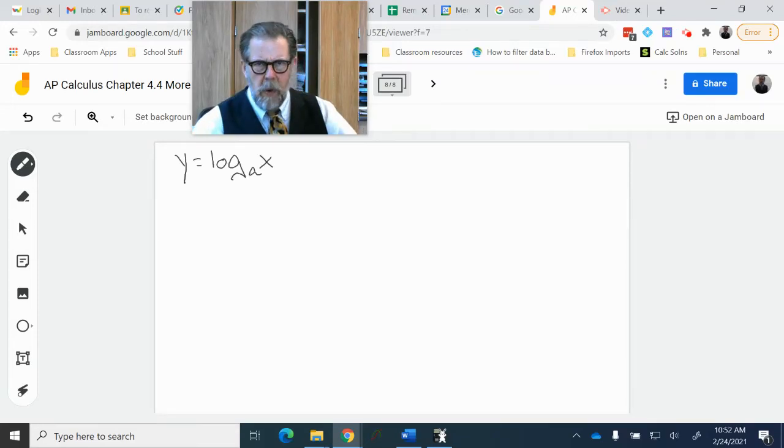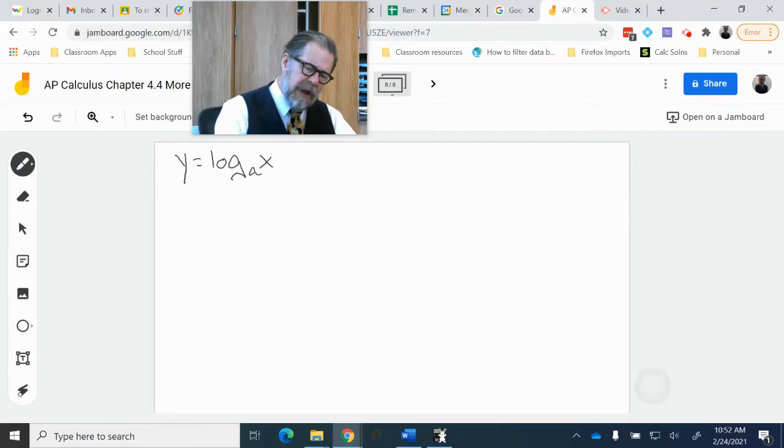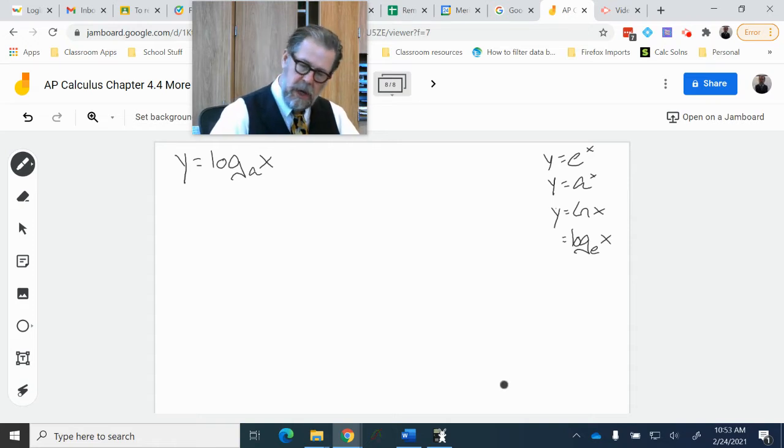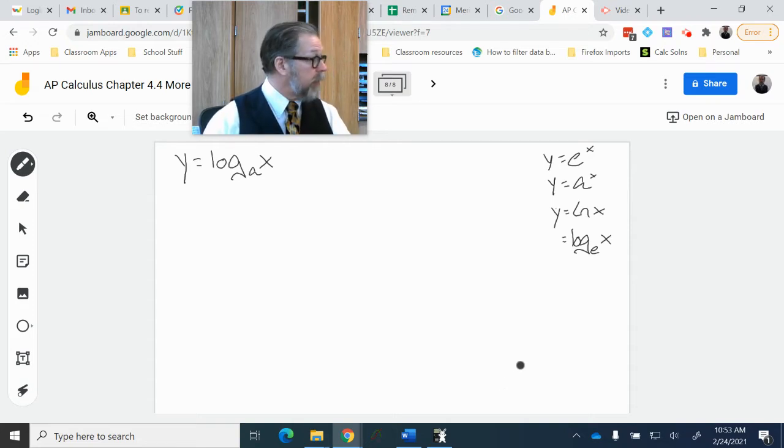Okay, so when we started out, we found the derivative of e to the x, and then we generalized that to any base. Then we found natural log of x, but of course, natural log is just log base e of x. And so now what we're going to do is generalize this to any base of a logarithm function.